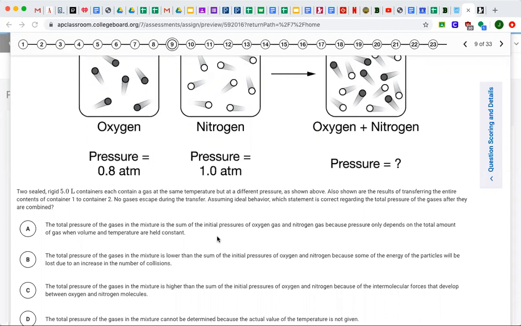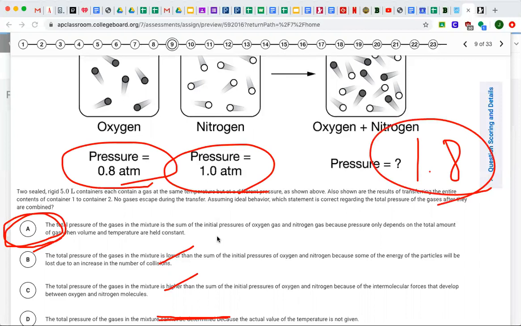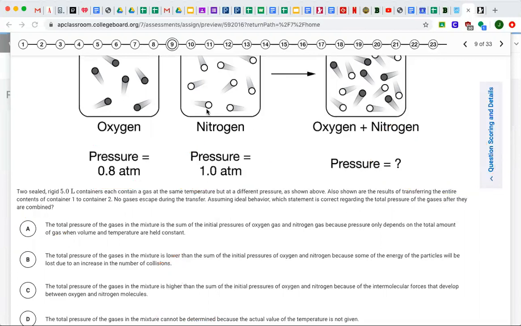Yeah, there's all this stuff you're ruling out. Very good. Lower, higher doesn't make sense. Cannot be determined doesn't make sense. But this one makes sense according to Dalton's law of partial pressures: this pressure plus this pressure are going to give us 1.8 atmospheres over here. Okay, any questions about that? No, looks good to me.